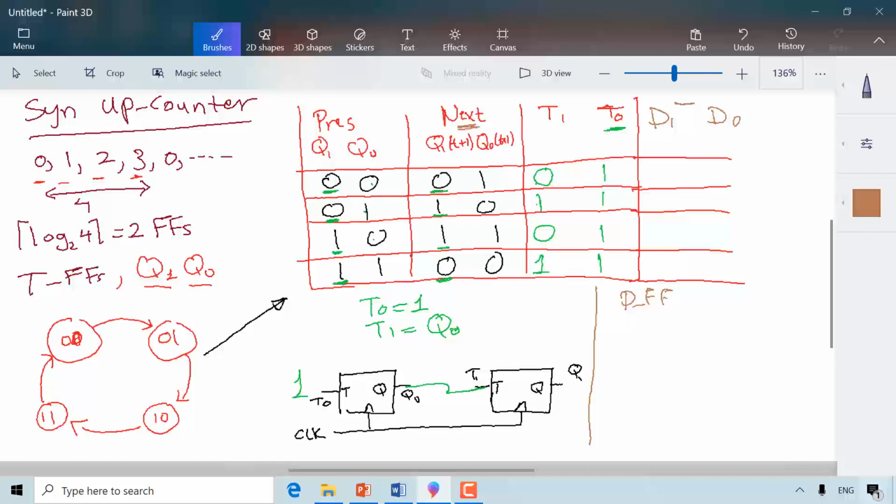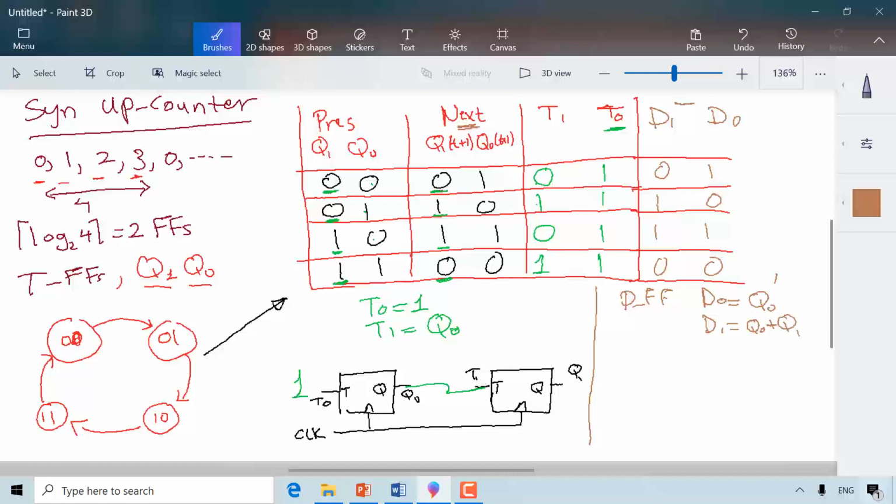So I just copy the next state, 0, 1, 1, 0, and 1, 0, 1, 0. So the D's are the same as the next state. Now we can simplify this: D0 equals Q0 prime, and D1 equals the exclusive OR of Q0 and Q1.